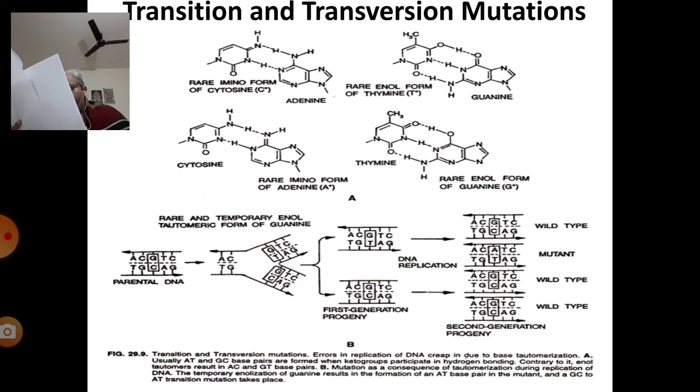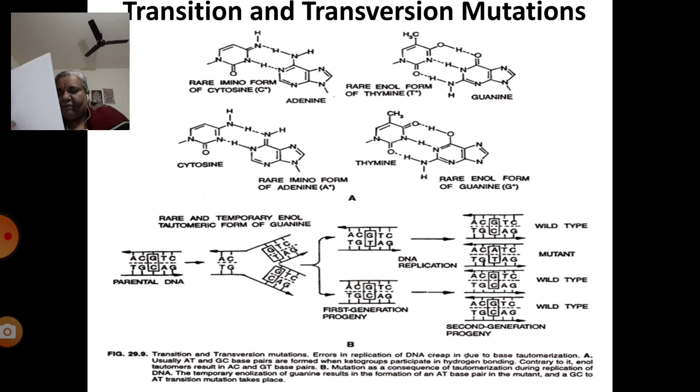You can see in the diagram A, normally AT and GC base pairs are formed when keto groups participate in hydrogen bonding, but contrary to it, enol tautomers result in AC and GT base pairs.